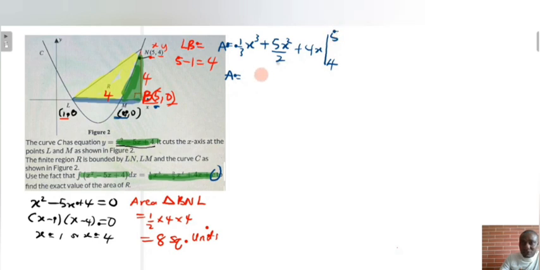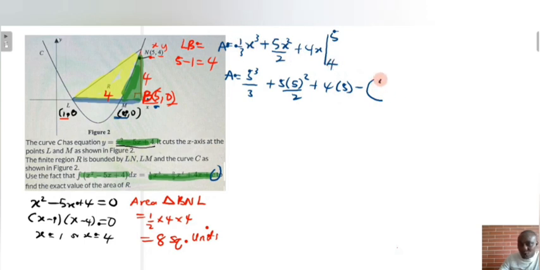So we'll start with the first value here, 5. So I'm going to have 5 cubed all over 3 plus 5 times 5 squared all over 2 plus 4 times 5, then minus. I have to include that in the bracket because I have to substitute the value of 4 into the same equation again.